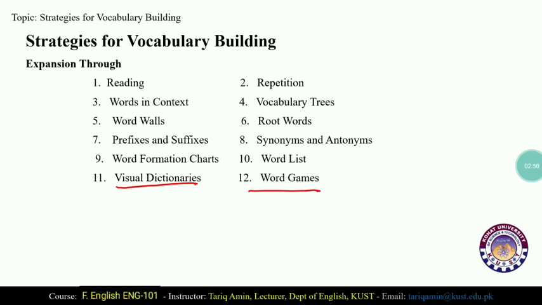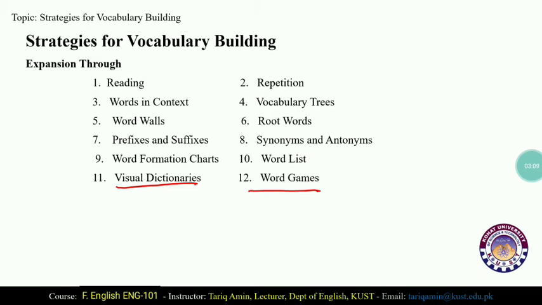And if you are a learner of the English language, first of all you need to learn vocabulary. You need to learn words of that language, that is, the English language. In order to improve your listening skills, your reading skills, your writing skills, and your speaking skills, you need to improve your vocabulary.